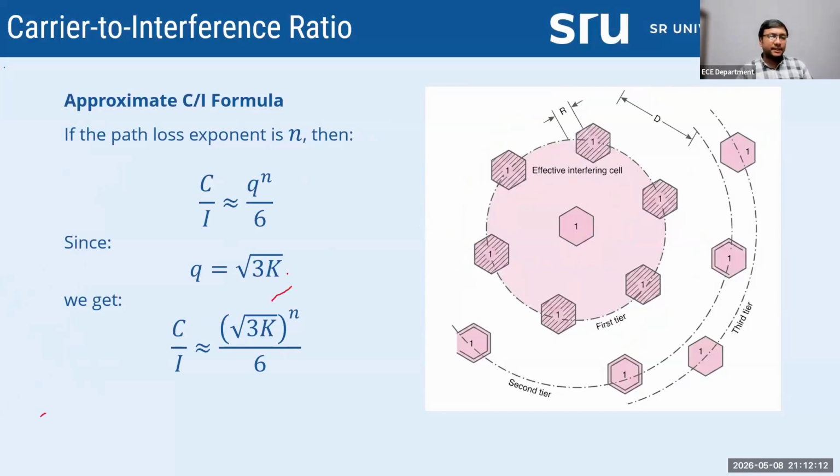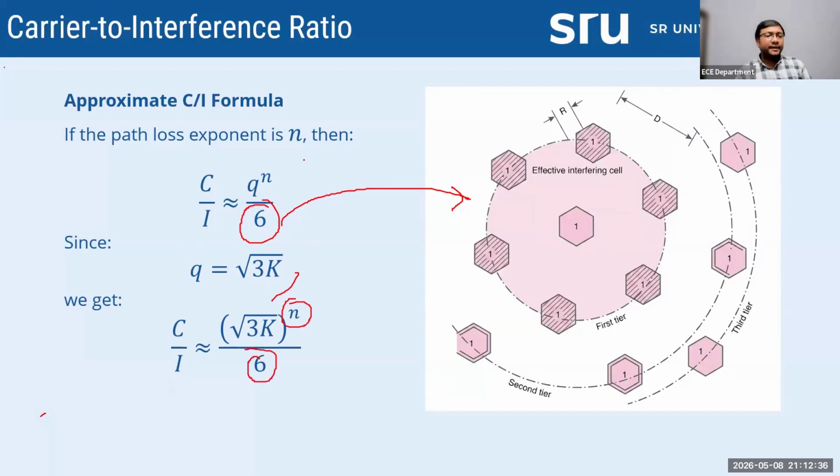Because 6 is the number of cells corresponding to this first tier. So that is why the value 6 is coming. Now, what is Q here? Q means root over 3K. So C by I is approximately equal to (root over 3K) to the power n, divided by 6.